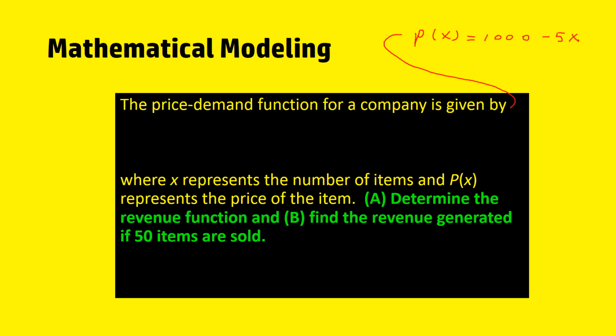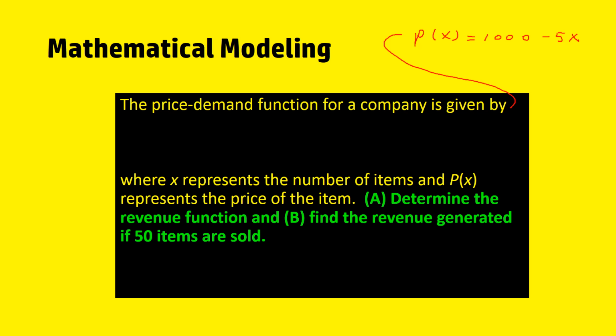Determine the revenue function and find the revenue generated. So two things that they want, an A and a B. Revenue function, revenue. We have to think about what revenue is, and once you have a revenue function, find the amount of revenue generated if 50 items are sold.